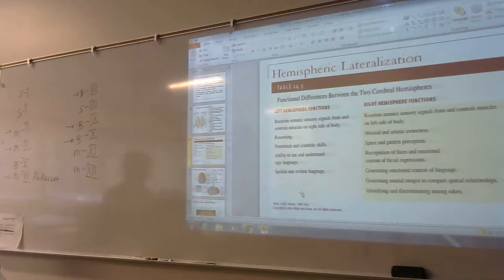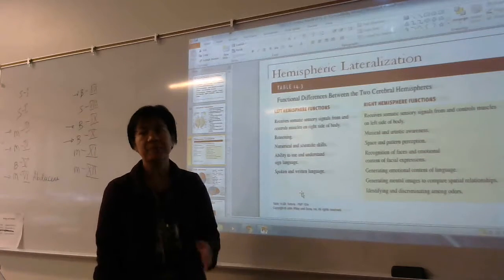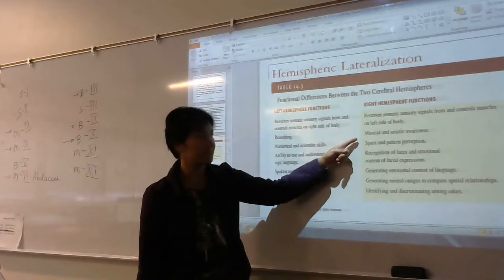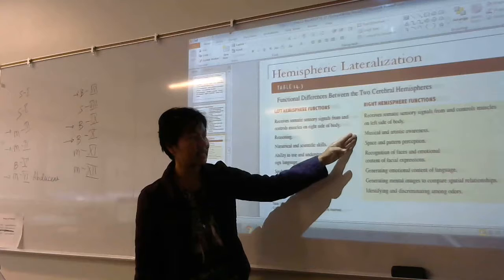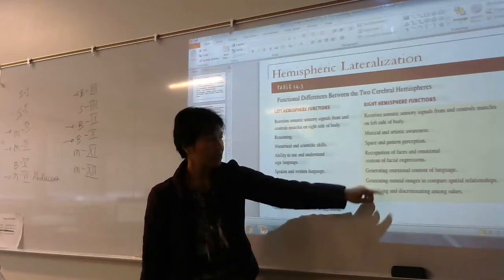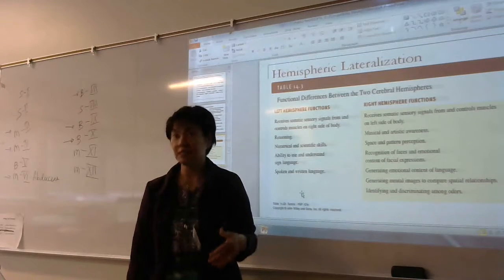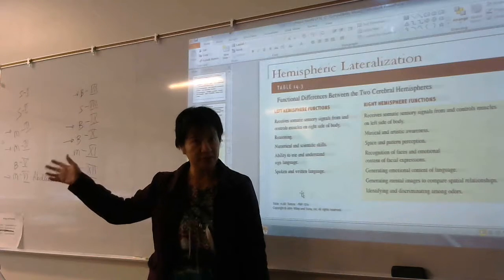I'm sure you've heard of people saying, you're just such a left brain individual, or you're so right brain. Look at the function of the right hemisphere. It's mainly for music, artistic talent, facial recognition, your emotions. That's why when a patient comes in, what do they ask? Don't they say, do you recognize this person with you?